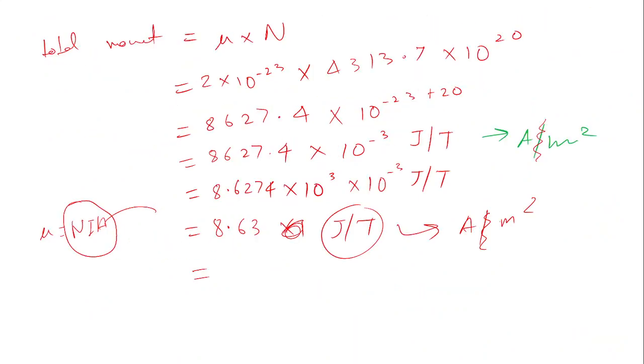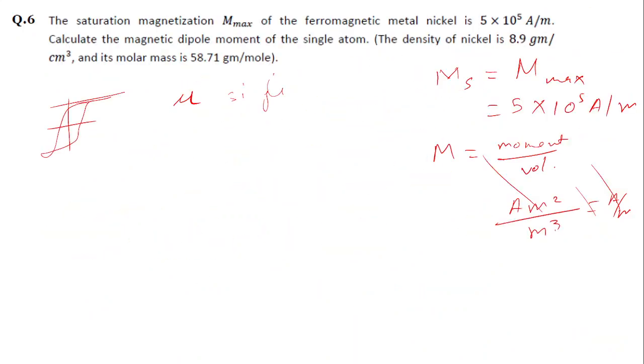So here we know for the total, and we have to find out for one. How we'll do this: see, if we are talking about total magnetic moment, then it will be the magnetic moment of a single atom times the total number of atoms.